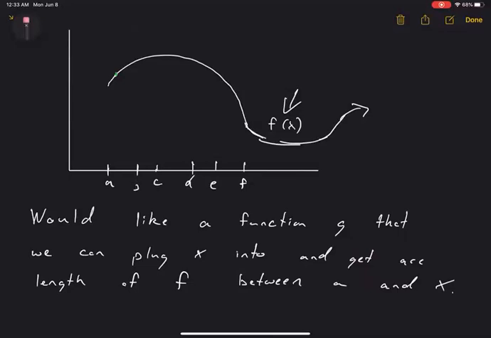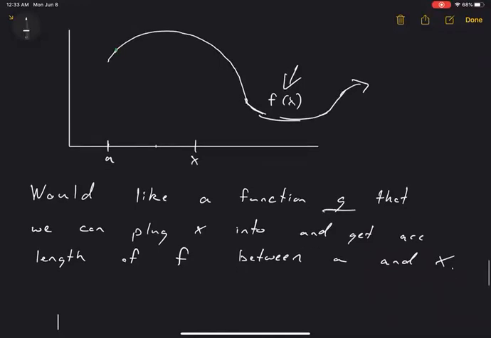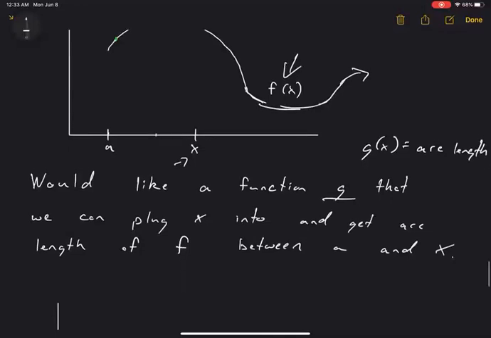Basically, I want to be able to plug in any x value I want and find the arc length. So I kind of want a function g so that I can just plug my endpoint into g, and it's going to spit out the arc length.